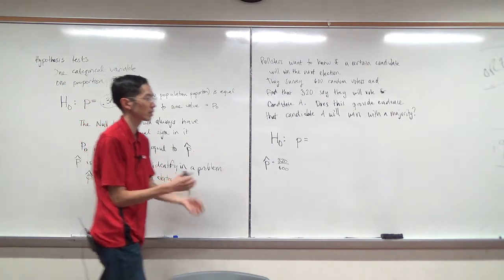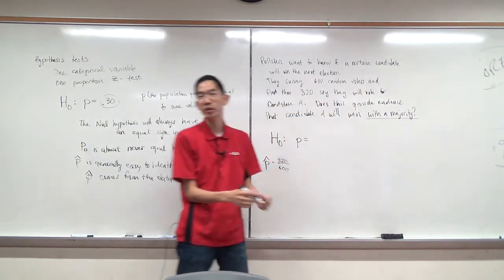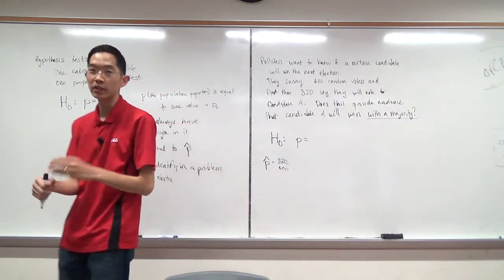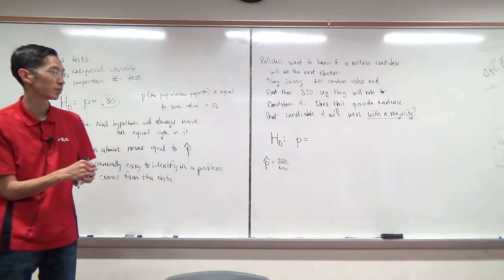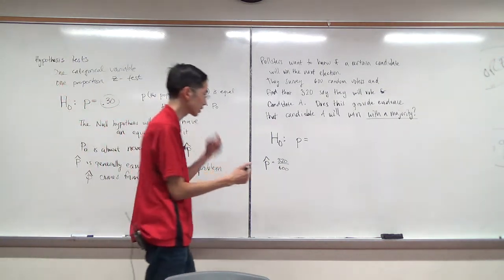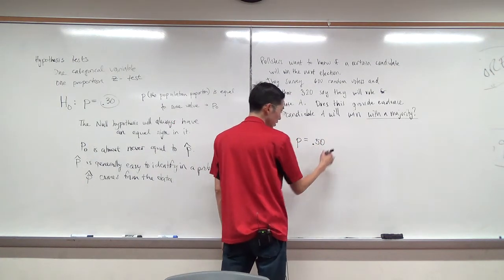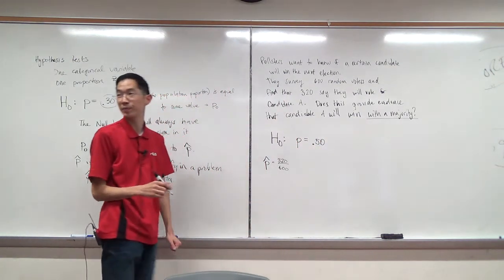It says, will win with a majority. So in order for candidate A to win, he or she needs over 50% of the vote. So our null hypothesis is going to be that p is equal to 0.50.